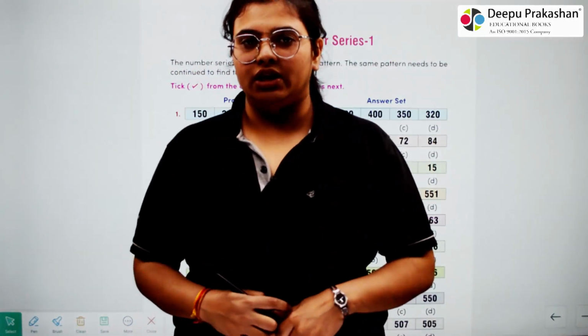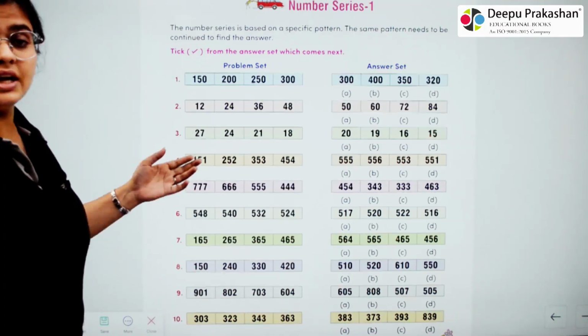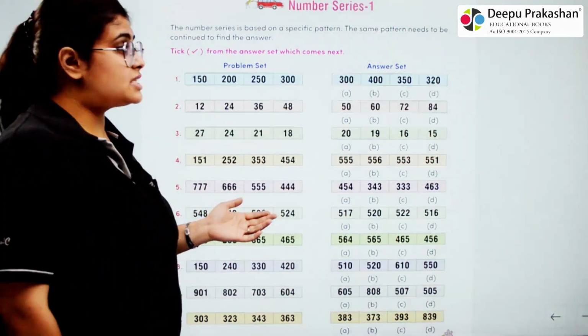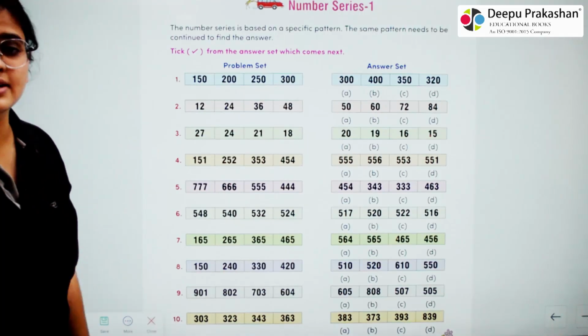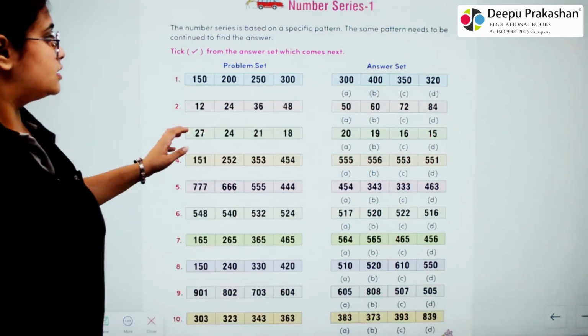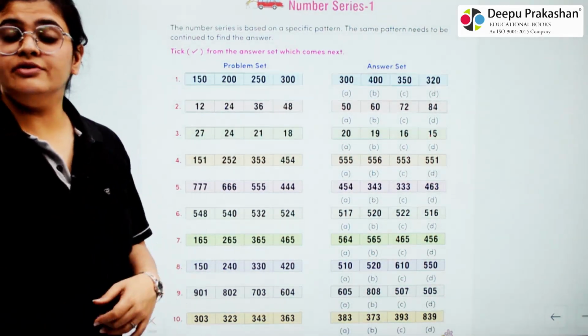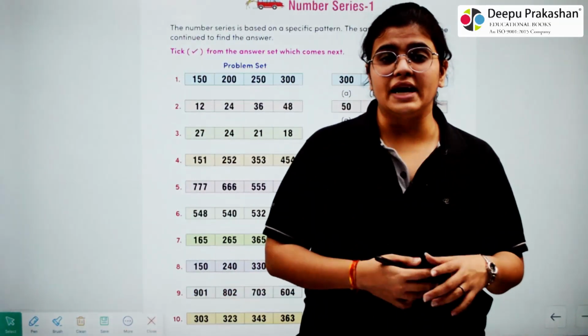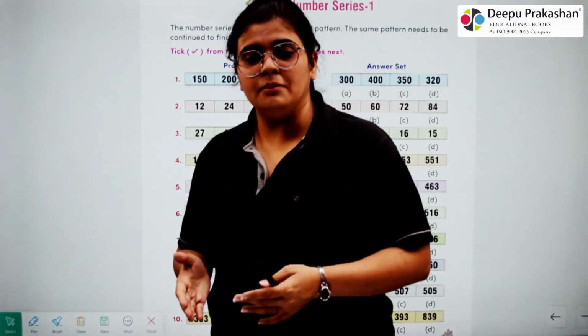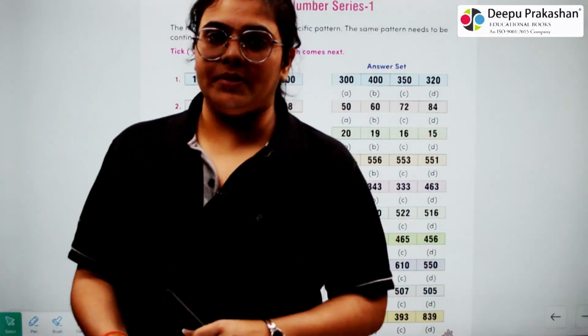Number series 1. The number series is based on a specific pattern. The same pattern needs to be continued to find the answer. That means in number series we are given a specific pattern. So we have to follow the pattern and find the missing number or the number that will come next.